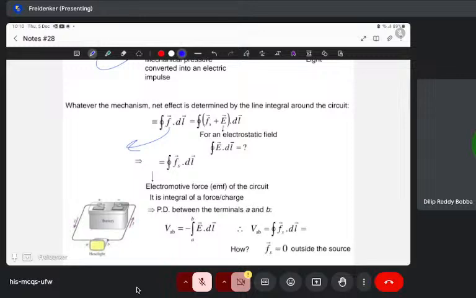Force per unit charge, my bad. So if they integrate it along the length, what will you get? What will the units be? Newton per coulomb meter. Newton meter is joules. Joules per coulomb is volt. So finally, you're getting volts at the end of all of this.